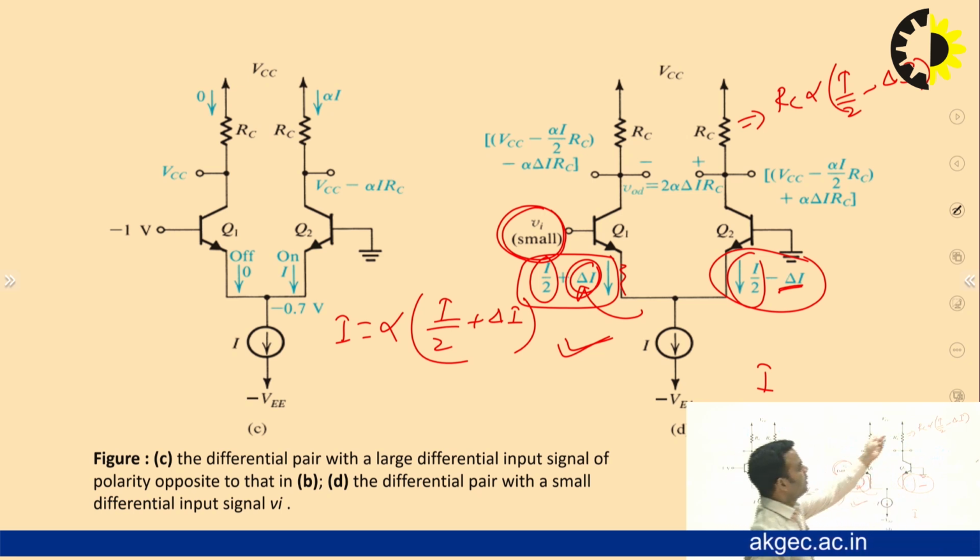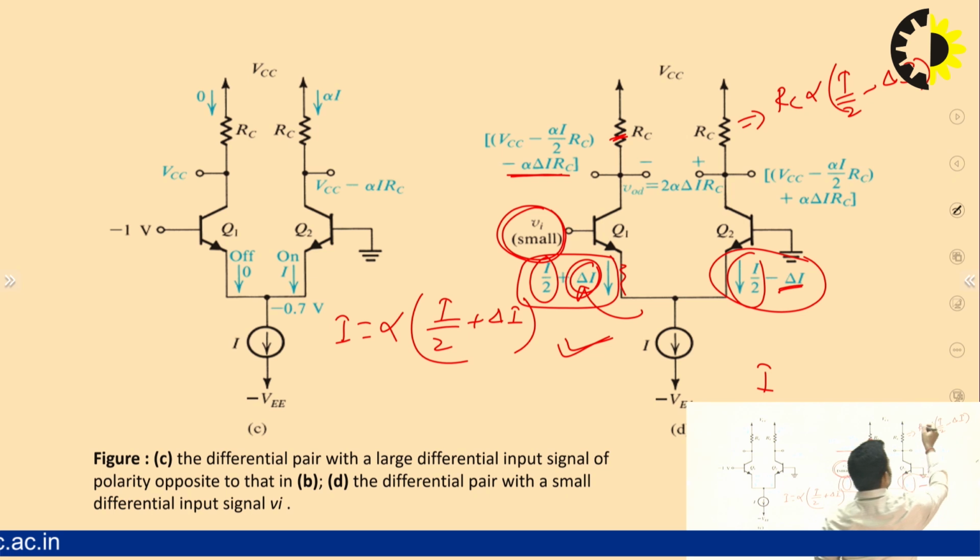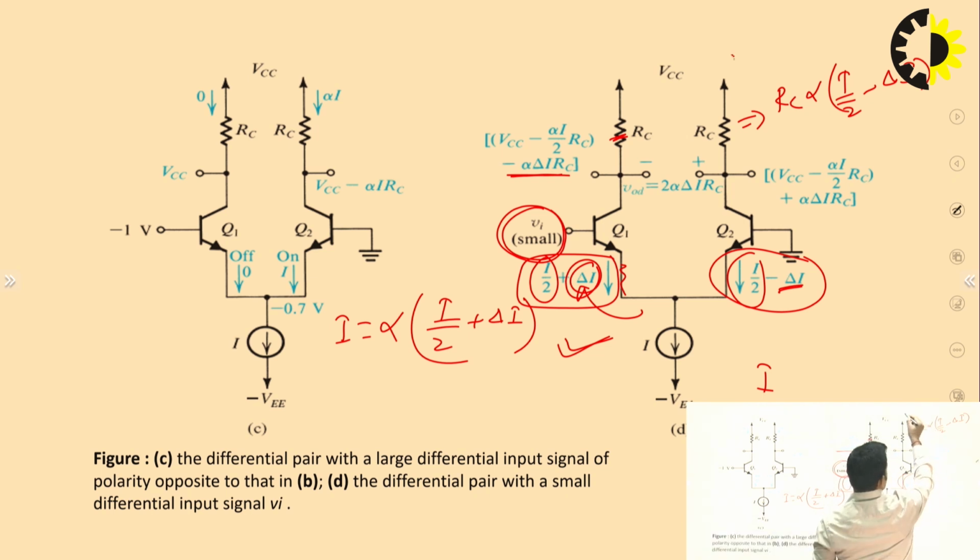So, if you find the voltage at this terminal, it will be equal to VCC minus alpha I RC by 2 minus alpha delta I RC, and in this case it will be VCC minus alpha I by 2 RC, and minus minus will become plus, and you will get alpha delta I RC.